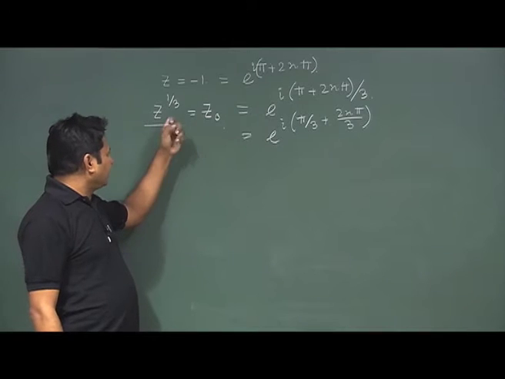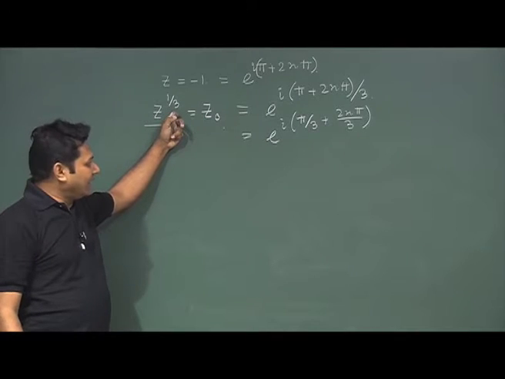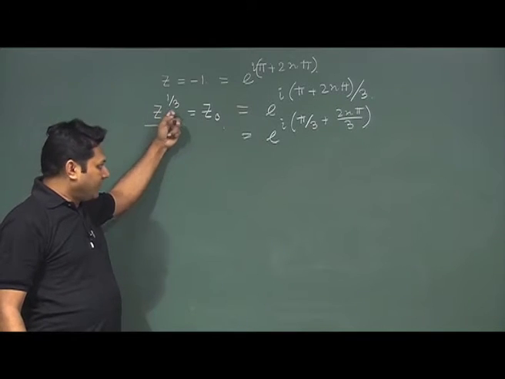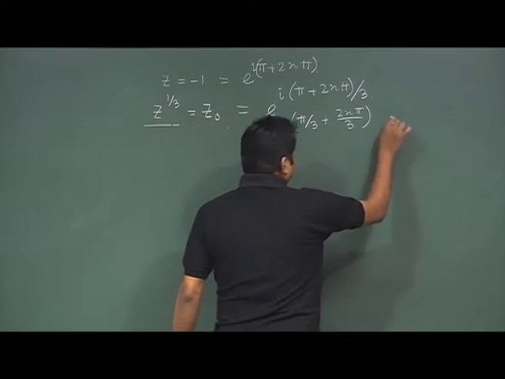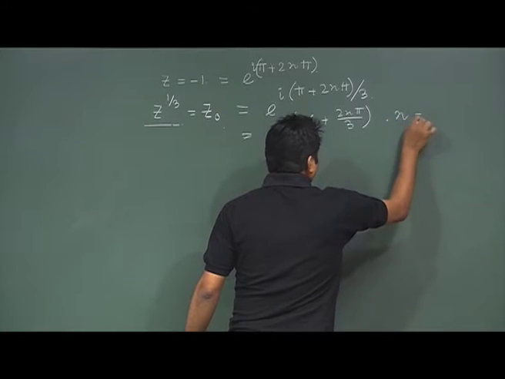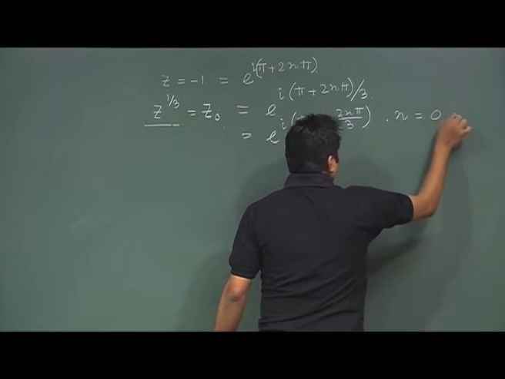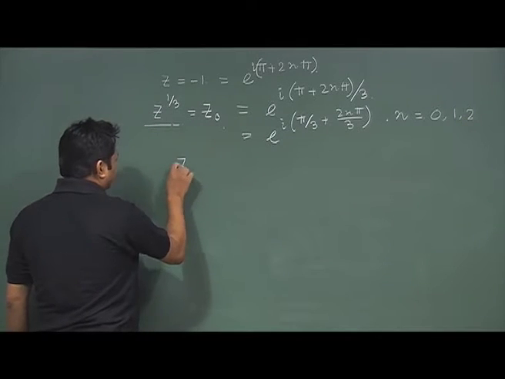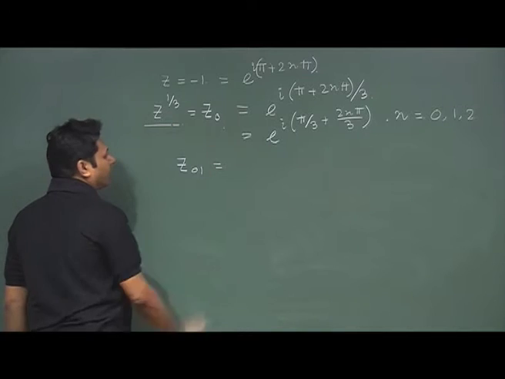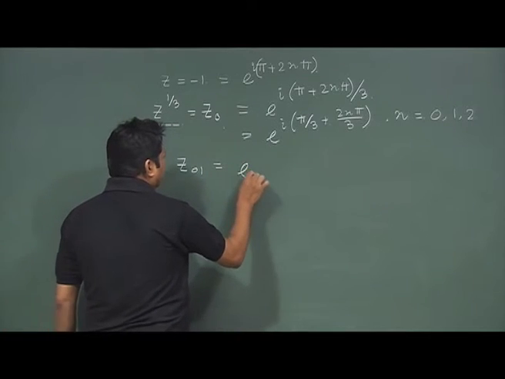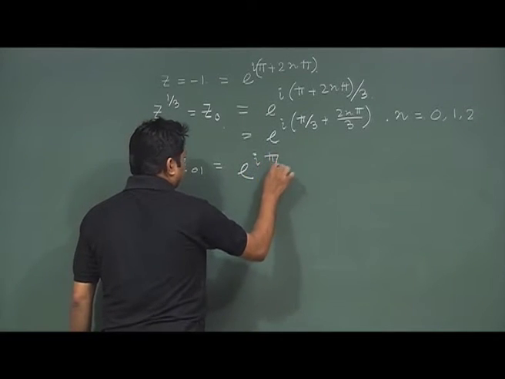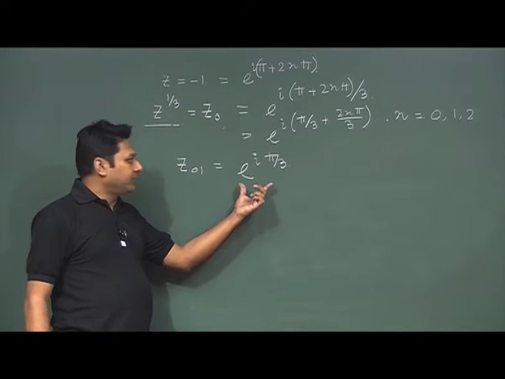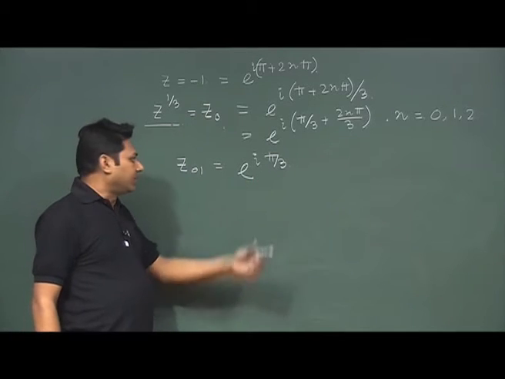Now for m equal to 3, we should have three distinct roots. So the restriction of n here will be 0, 1 and 2. Now like the previous one, z01 is e to the power of I pi by 3. This is my first root, I must say.